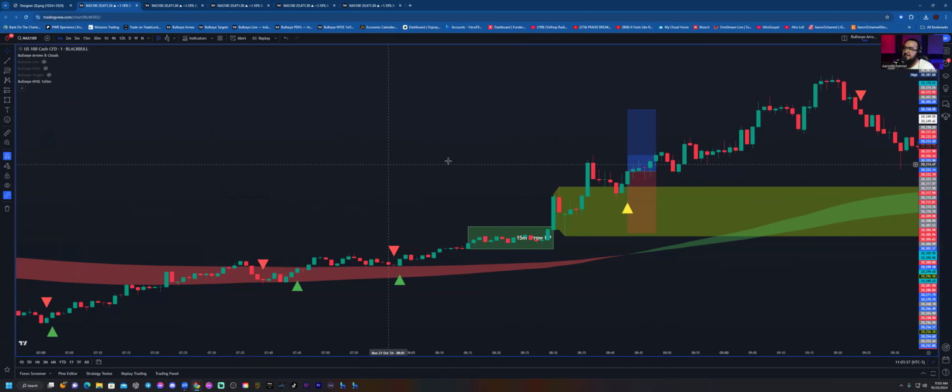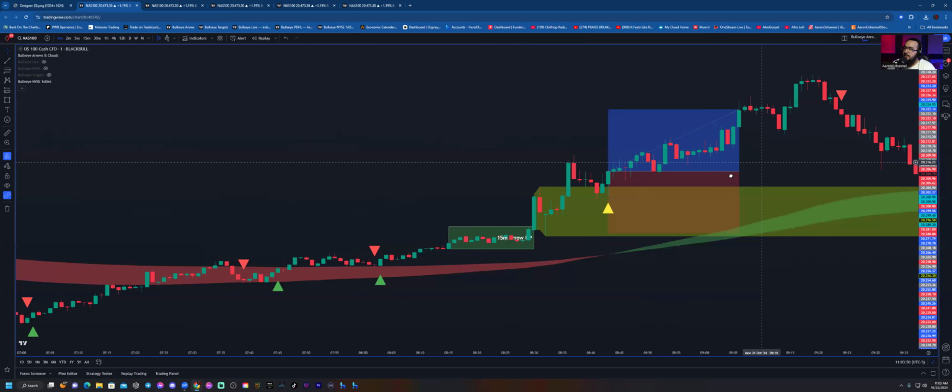So all we did Monday was take a breakout with a cloud flip, 50 point stop, 50 point take profit. This gets hit at 8:43, almost 20 minutes, something like that.